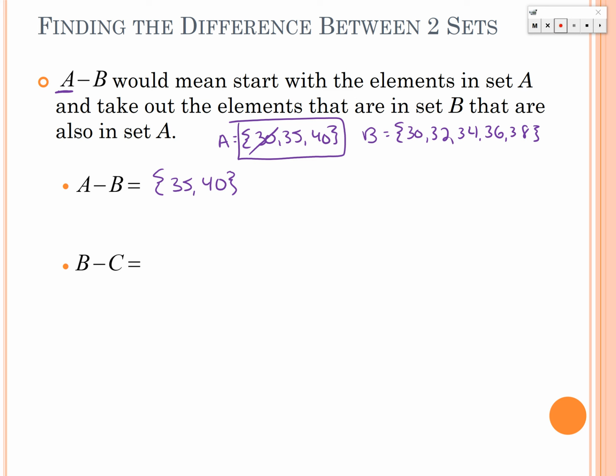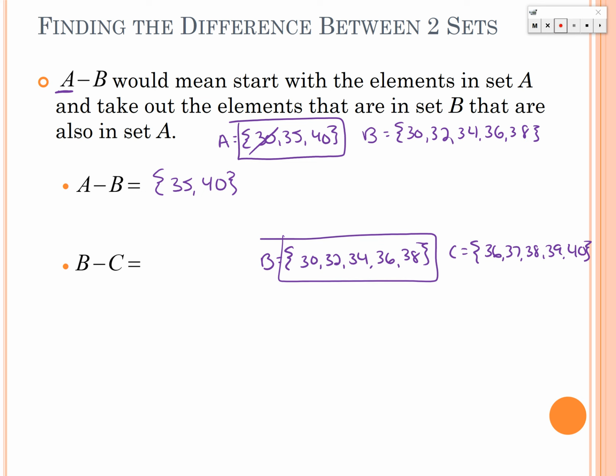So for B minus C, you're going to start with B, and take out anything that you find in C. So our concern is set B. What do B and C have in common? What am I going to take out? 36 and 38.